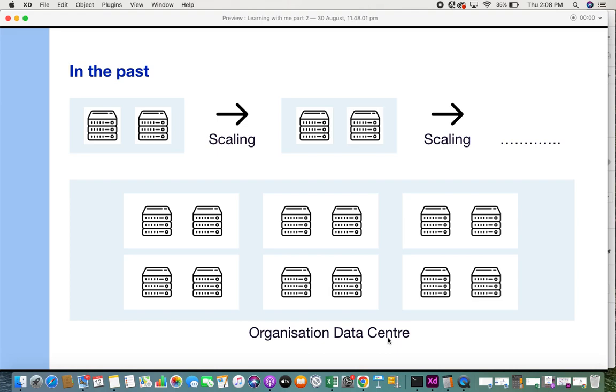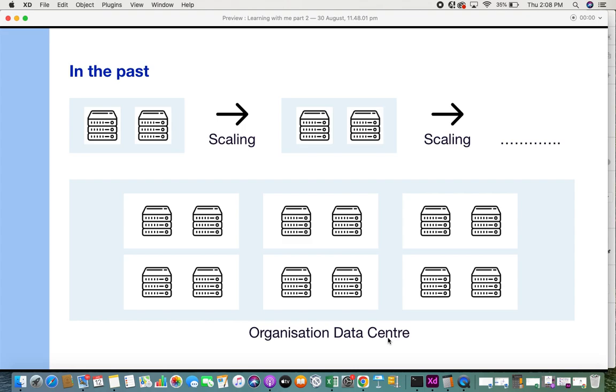In order to set this up, they had to have a server, and it was in a dedicated space, which could be a room or a separate space, called either a server room or a data center. Now with this, organizations kept scaling up. They had more applications, more customer bases, so there was a need and demand of scaling up.